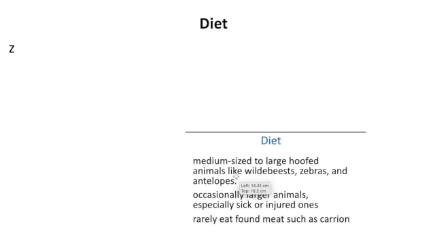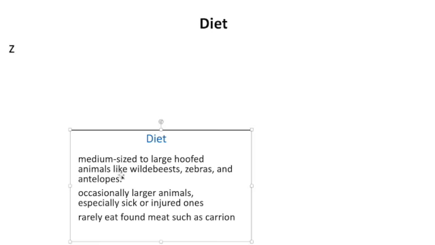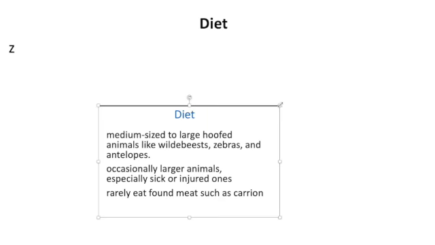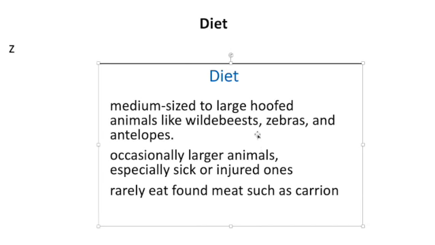Okay, we're now going to look at how we can write one of these. I have got on the bottom here an example of some notes which I made about lions. So the diet, what lions eat. Medium-sized to large hoofed animals like wildebeests, zebras and antelopes. Occasionally larger animals.